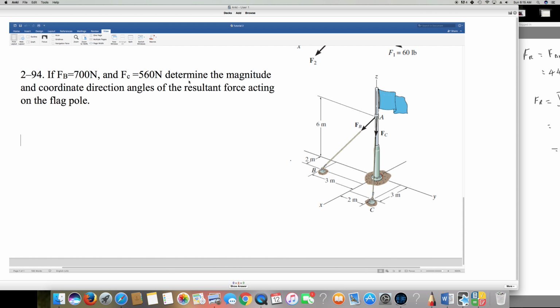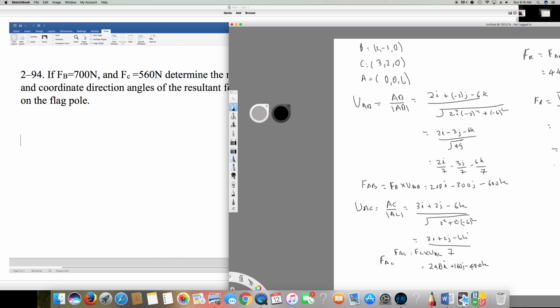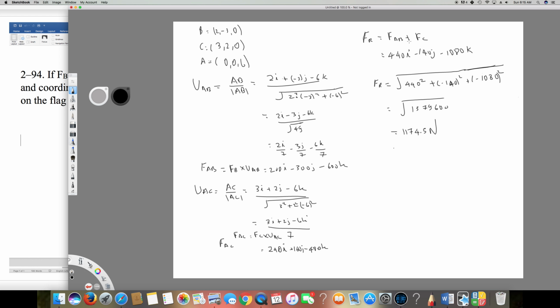The question is asking to determine the magnitude and coordinate direction angles of the resultant force. So we have found the magnitude of the resultant force, but we have to find the angles right now. The angles are going to be alpha, beta, gamma. Alpha is going to be the I, beta is going to be the J, and gamma is going to be the K. First of all, I find alpha.